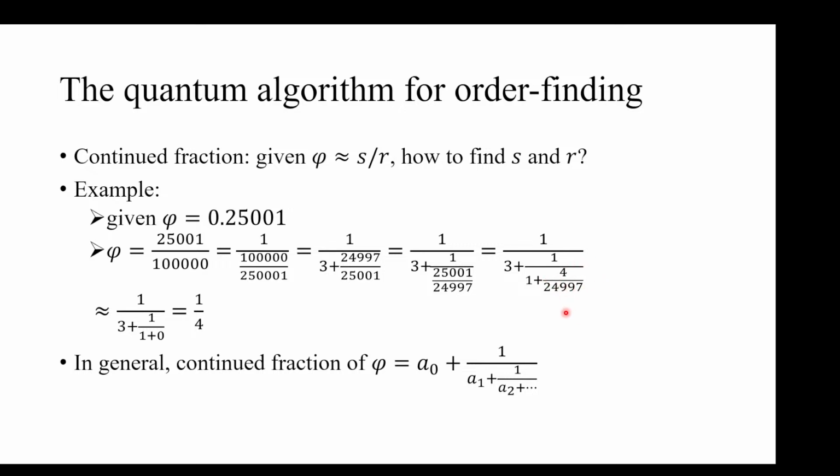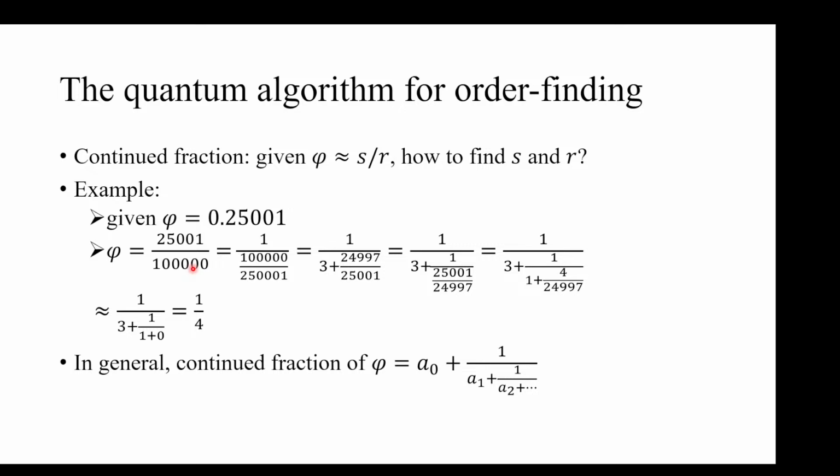And then we say that when we see something very small, we can just throw away this part, we say it's 0, and then you add it back, then you see it's 1 over 4. And so the continued fraction of some number is just you keep doing this flipping around.